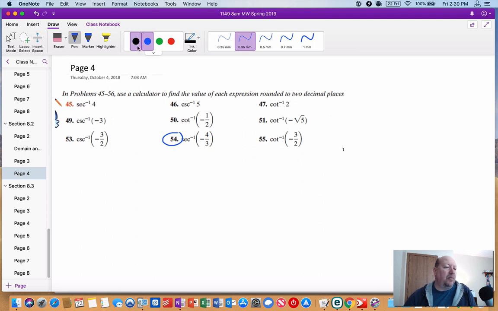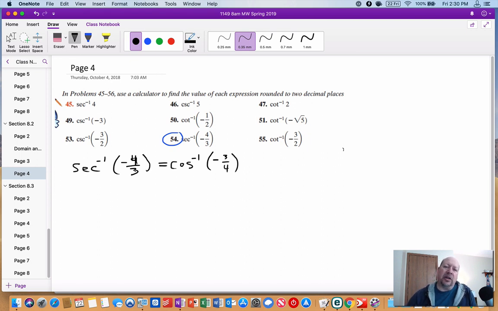Now you don't have an inverse secant key on your calculator, so we can't use that. We have to choose that method that I was just showing you, where you change that to an inverse cosine, this reciprocal, and then reciprocate the number in there. Because if something has a secant value of -4/3, it's going to have a cosine value of -3/4.